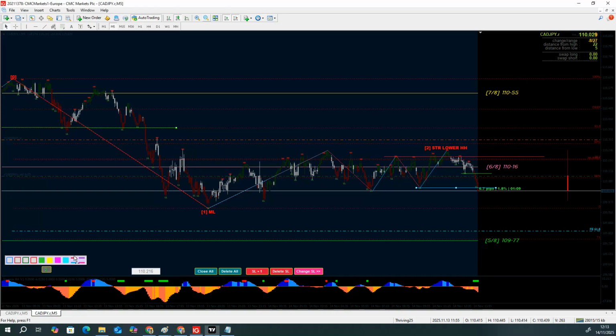Okay, so price is breaking down the lows now, the higher lows. We've broken down one, we've broken this one, we're breaking this one.